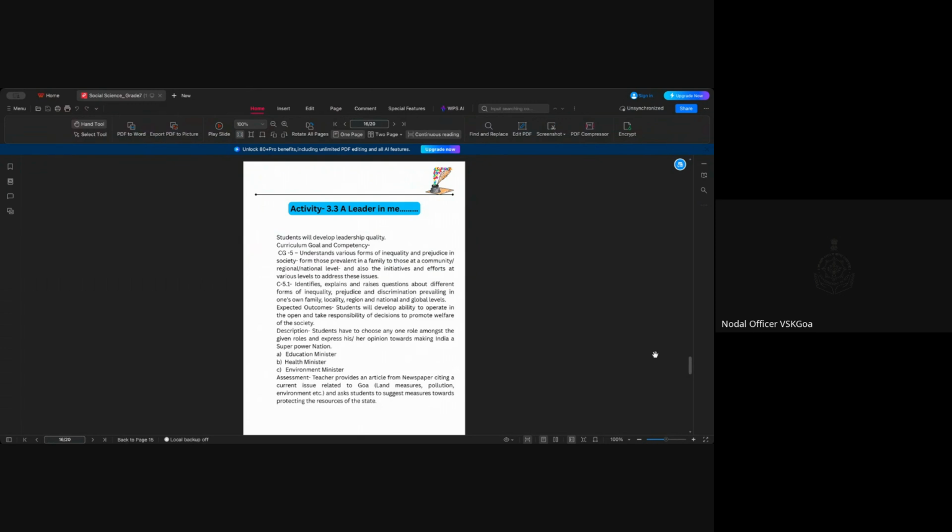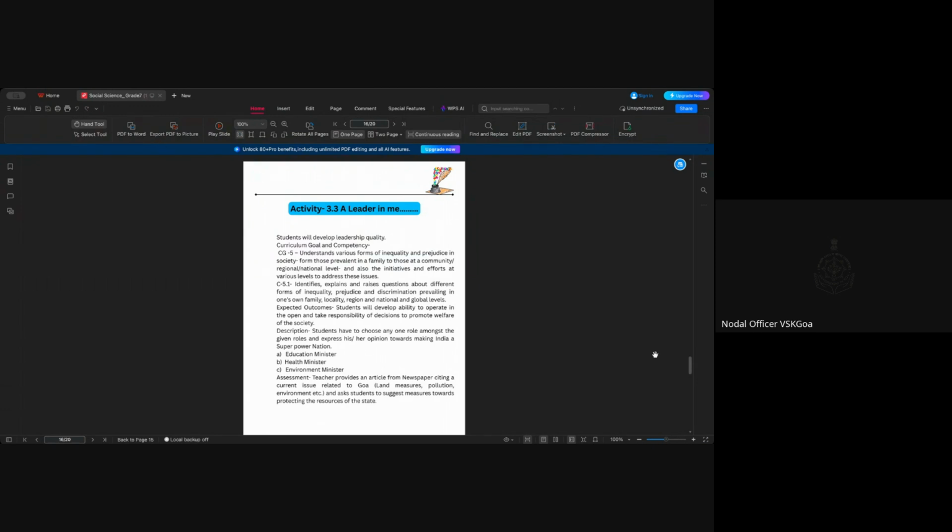For this activity, the students have to choose any one of the given roles and express his or her opinion towards making India a superpower nation. You may give the students any role like health minister, education minister, or environment minister.